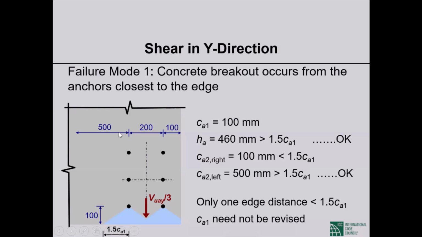We have a lot of concrete to the left, but for calculation purposes, we are taking the edge distance as 500 millimeters. So we have only one edge distance that is less than 1.5 times C sub A1. We do not have an anchor close to 3 edges, so C sub A1 of 100 millimeters does not have to be adjusted down.